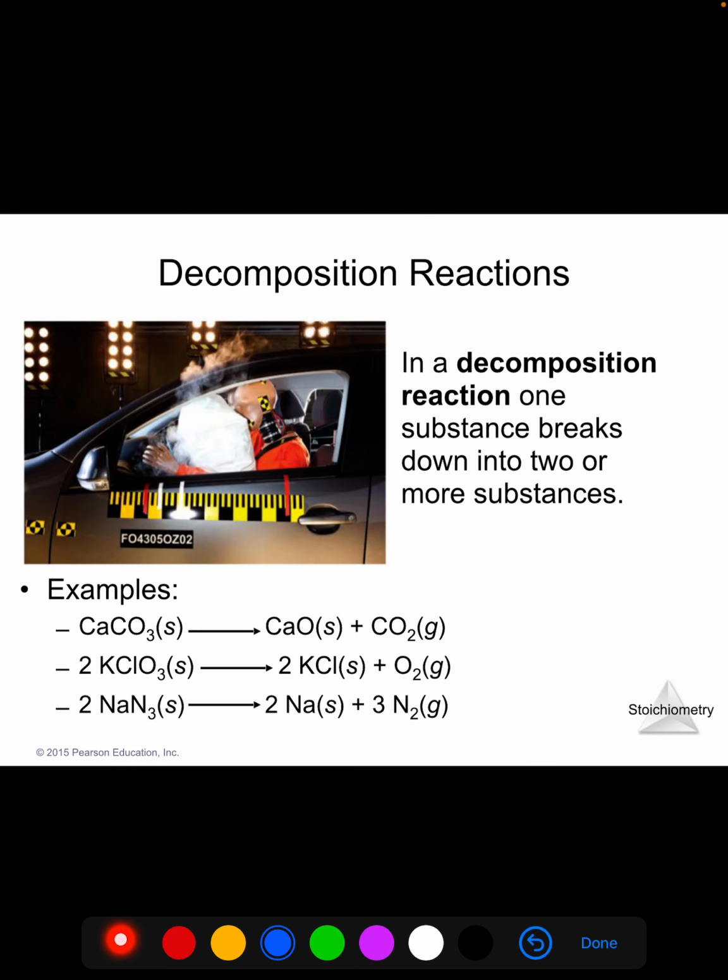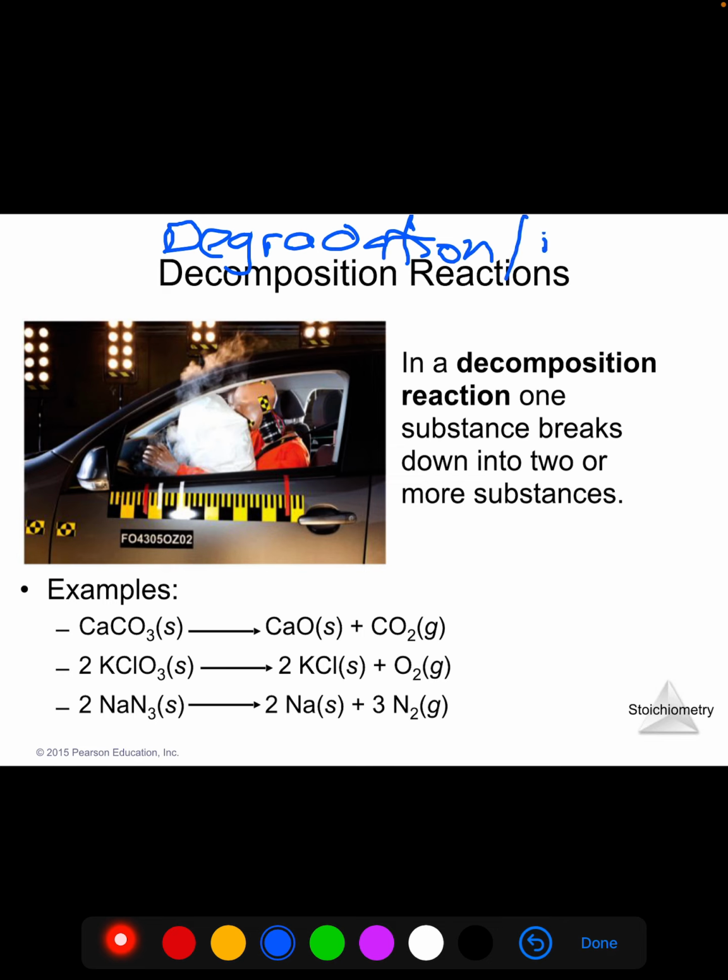In a decomposition reaction, you may have heard this called a degradation reaction. Excuse my writing, my Apple Pencil is not the neatest thing, although I can program it to change my writing to typewriter form, and I probably should.